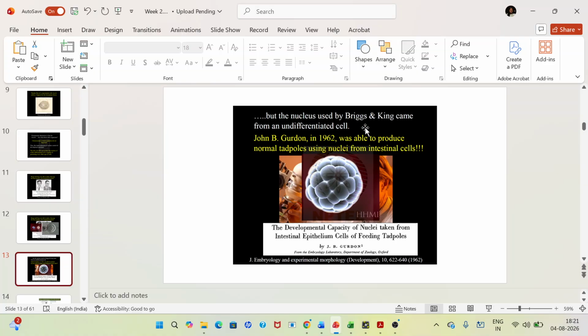But the nucleus used by Briggs and King came from an undifferentiated cell, because at the blastula stage the nucleus is still undifferentiated. The fate still has to be decided. In the blastula stage, it is still dividing. The fate hasn't been decided till now. So it is an undifferentiated cell, and the nucleus will have all kinds of information. There is no doubt about that, but it is still not differentiated for a particular fate. That is why it was able to produce normal tadpoles.